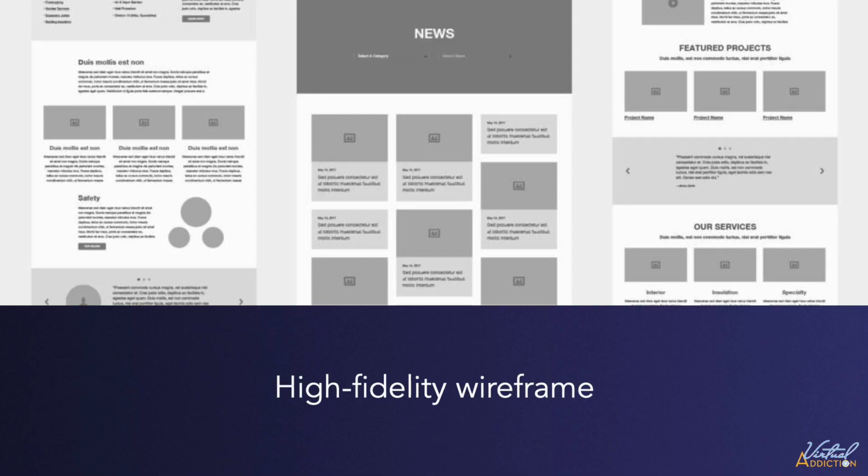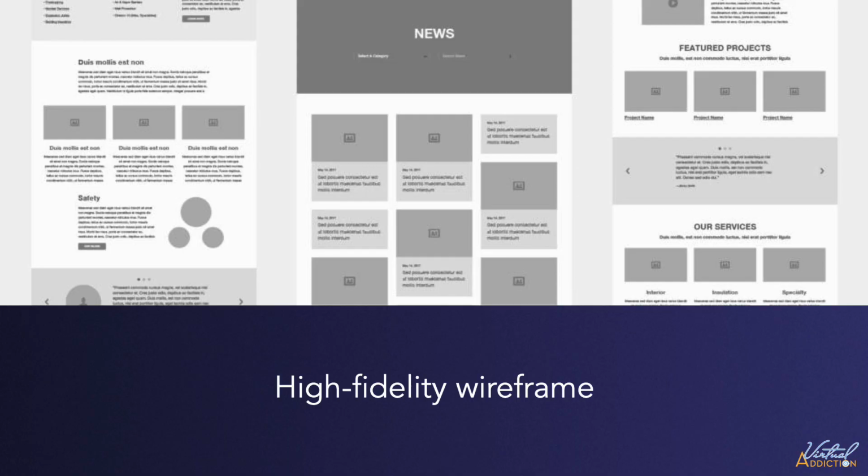Then we have something called high-fidelity wireframes. These are detailed, polished versions of a page layout that looks close to the final design, but we're still focusing on structure and function. This is the step in between a wireframe and the finished design. Low fidelity is for thinking, high fidelity is for confirming.